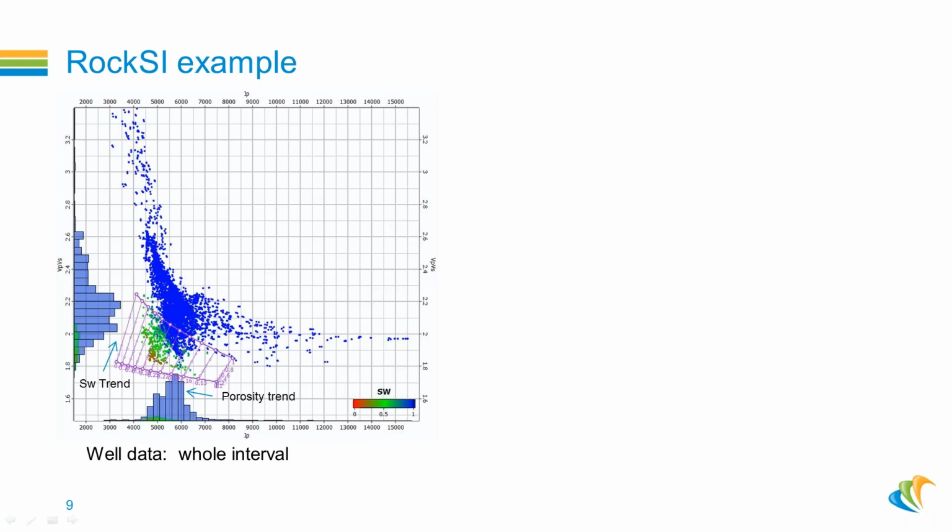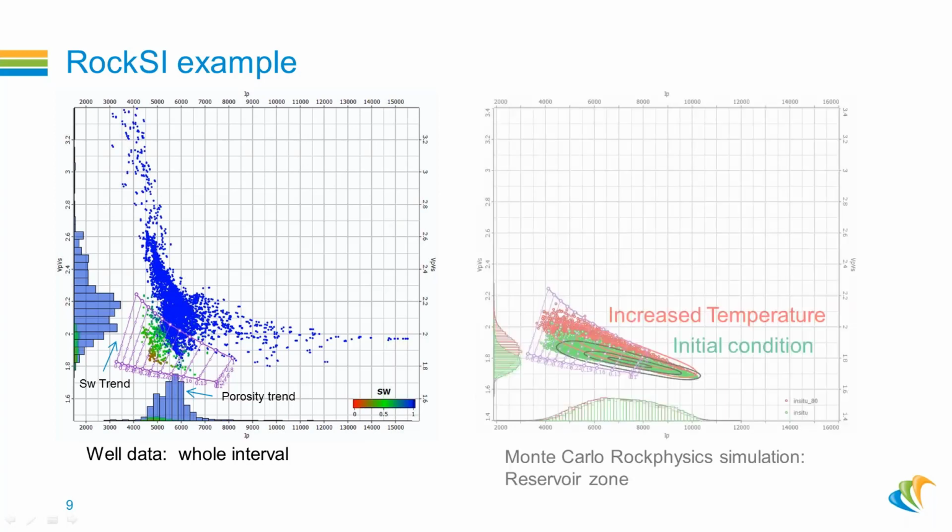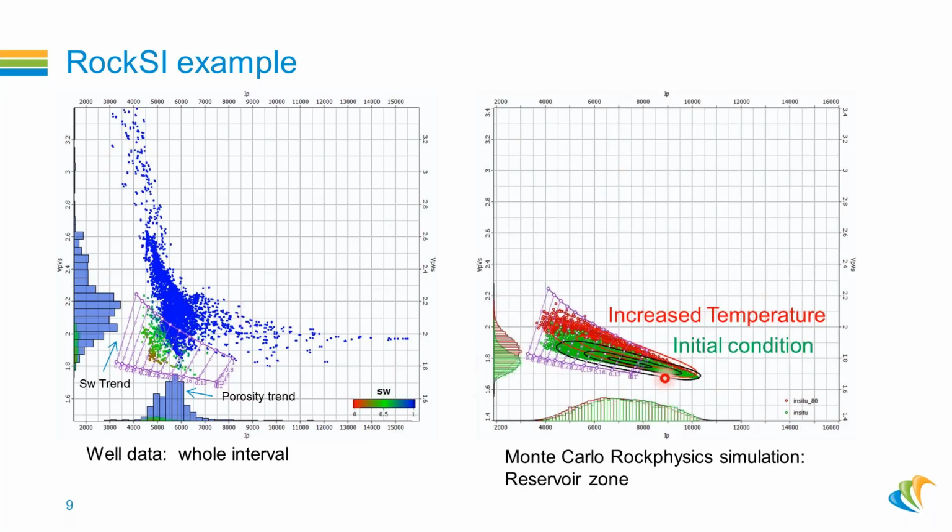This is for the in situ condition. It could be in the next situation, which is changing in the temperature or pressure or saturation. So for example, in this case, I'm changing the temperature from the initial condition, these green ones, to the increased temperature, this red one. The good thing in RockSI is that we can generate the examples using the Monte Carlo simulation.